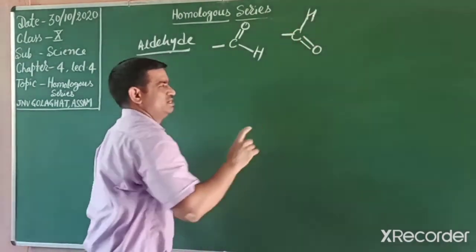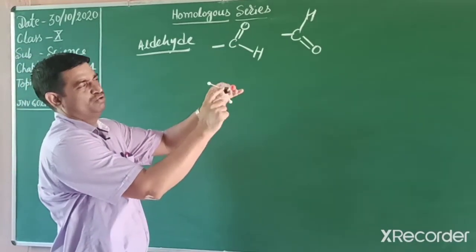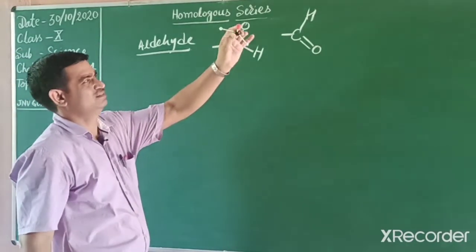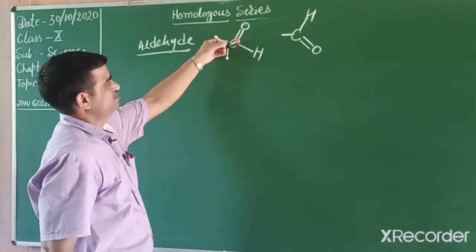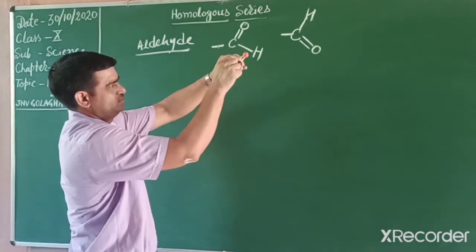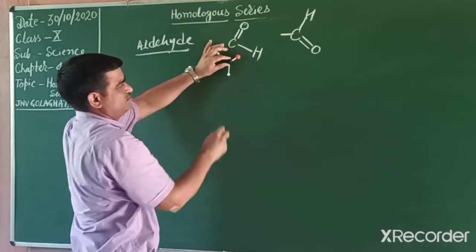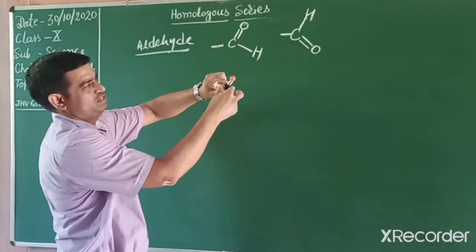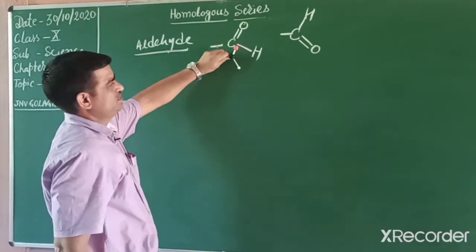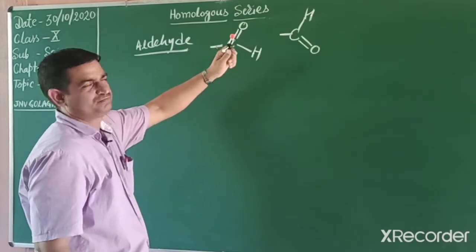A carbon bonded with oxygen by a double bond, and one hydrogen. This is how we represent aldehyde.